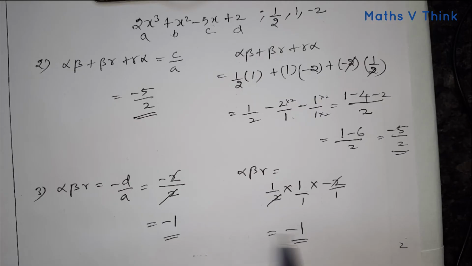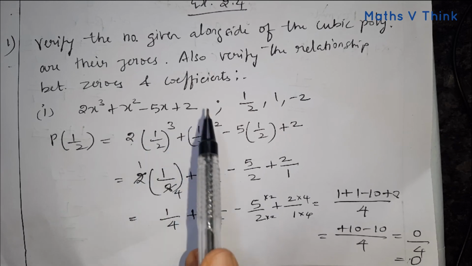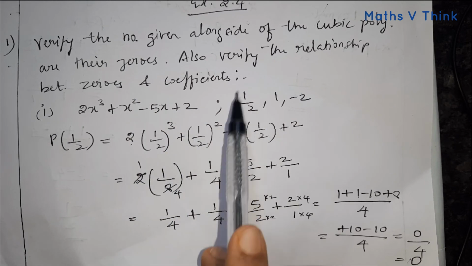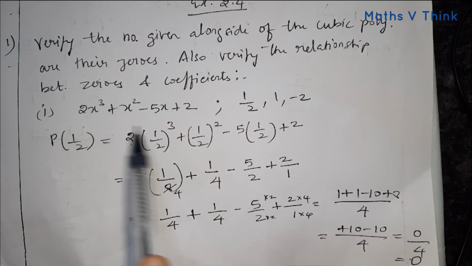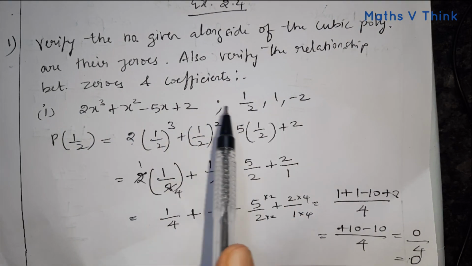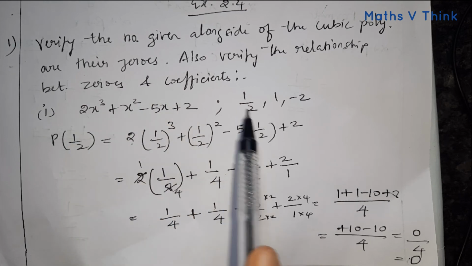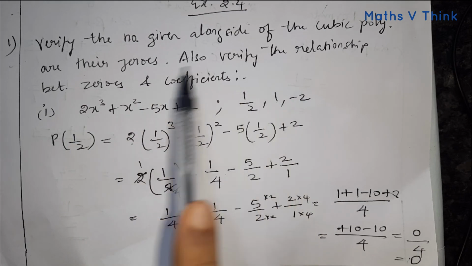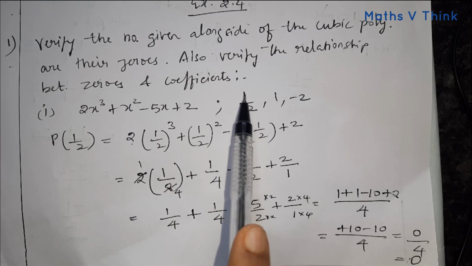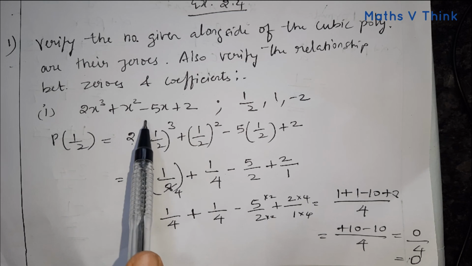Now I'll summarize the entire problem for you. The question says we need to verify that the given zeros are the zeros of this polynomial, and also we need to verify the relationship between zeros and the coefficient of this polynomial. To verify that these zeros are the zeros of this polynomial, you need to substitute one by one, like p of 1 by 2, substitute in this polynomial.